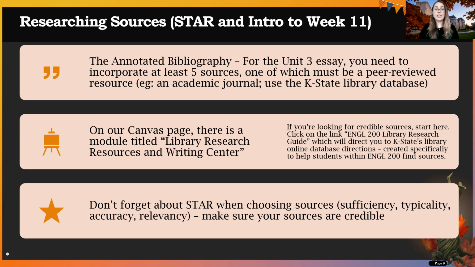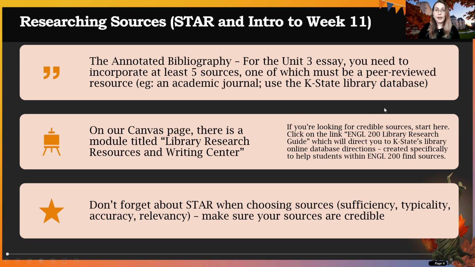So you might use the K-State Library database to find this peer-reviewed journal, or for your other sources. And to help get you started with this, we actually have a module on our Canvas page, titled Library Research Sources and the Writing Center. So if you're looking for credible resources, I suggest you start here.